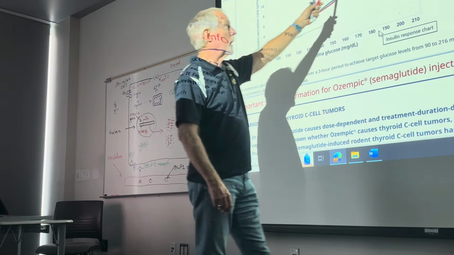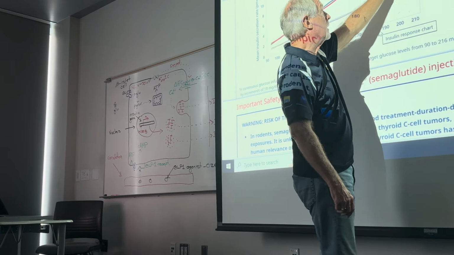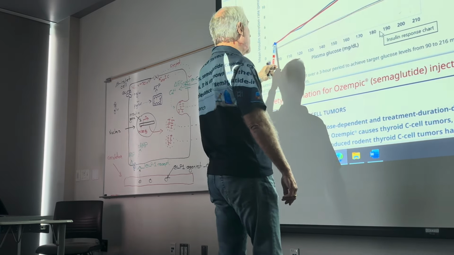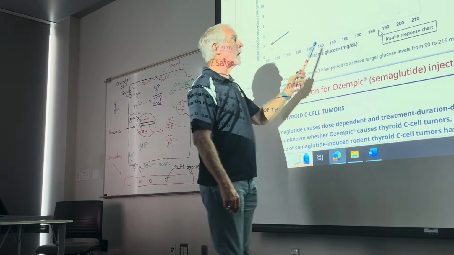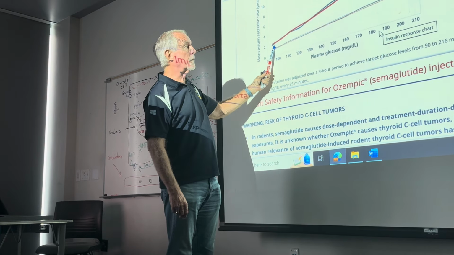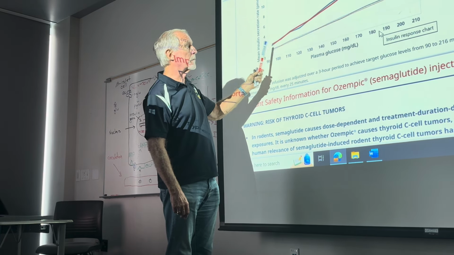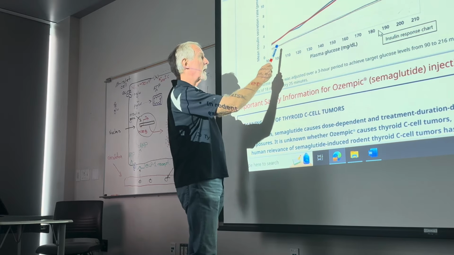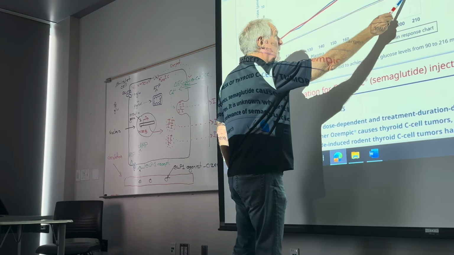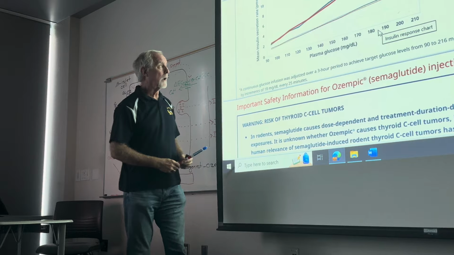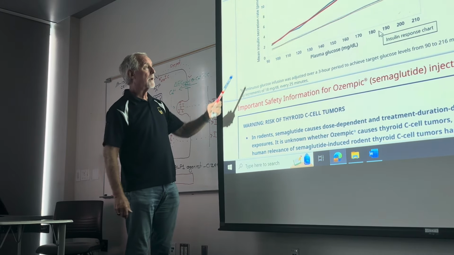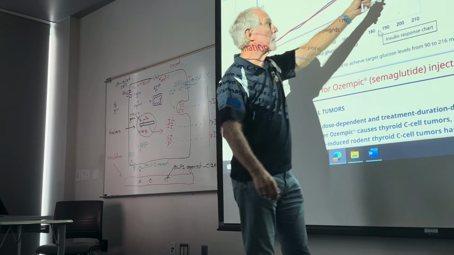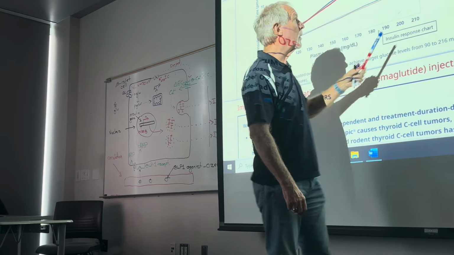So here's the healthy response in blue. Here's the response in individuals with diabetes, and you can see there's very little increase in insulin secretion. Here's with Ozempic, after taking it for 12 weeks.